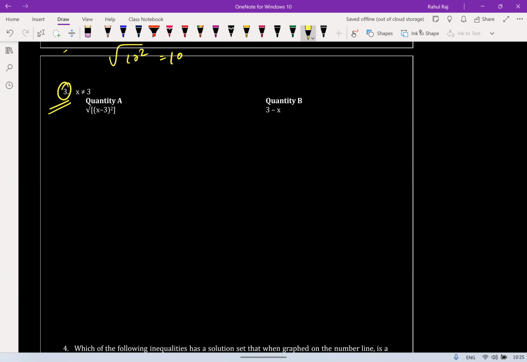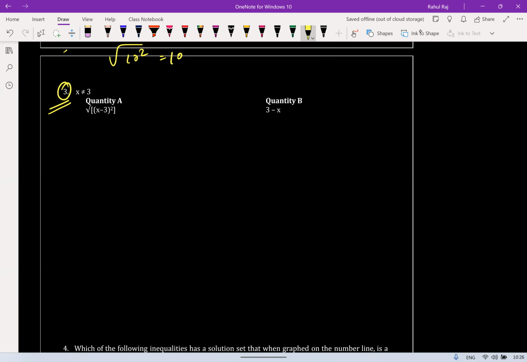So should we take 4? You can, why not? What is the mod of 4 minus 3? Mod of 4 minus 3 is 1.